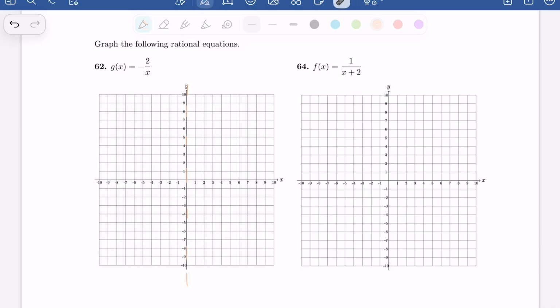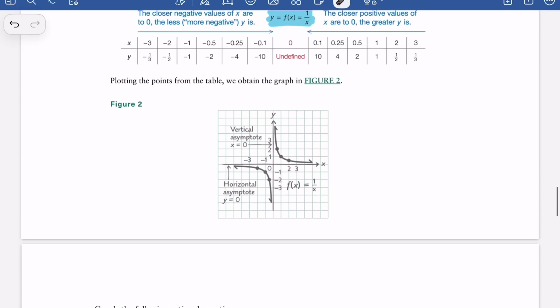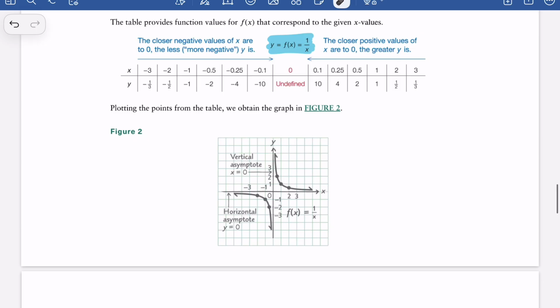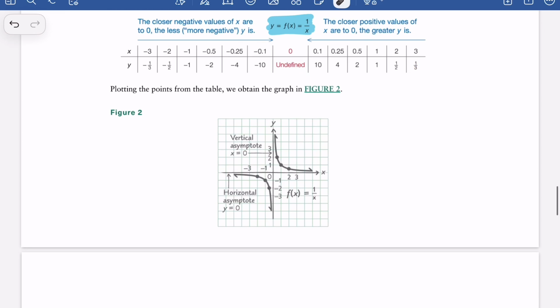Now we also want to figure out what our horizontal asymptote might be, and it's going to be kind of similar to what we see here. Remember, as we increase our x values, so as x gets bigger in the positive direction or in the negative direction, our y value gets really, really small. So this means as our x values get large, our graph is going to approach the x-axis, but not actually cross it.